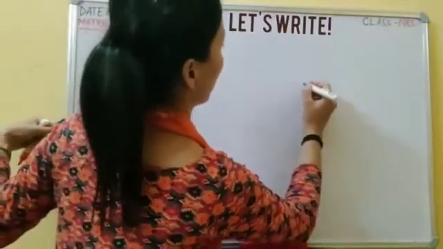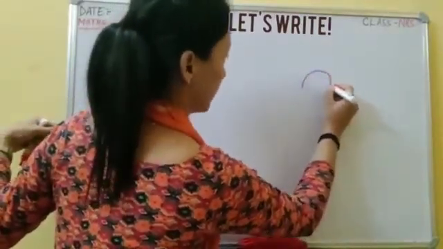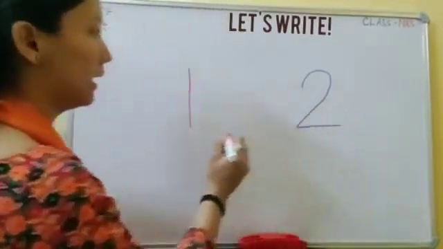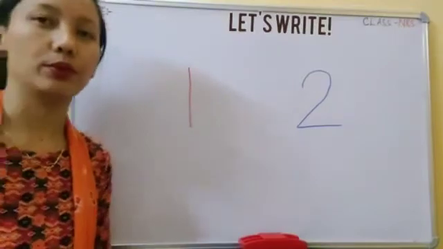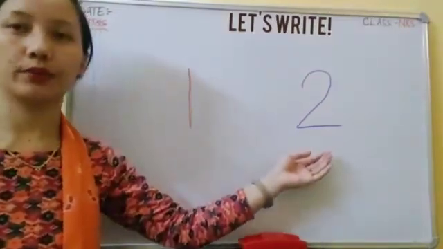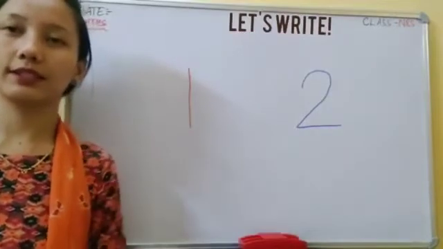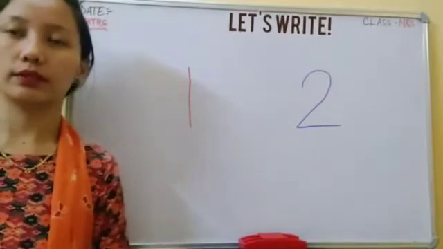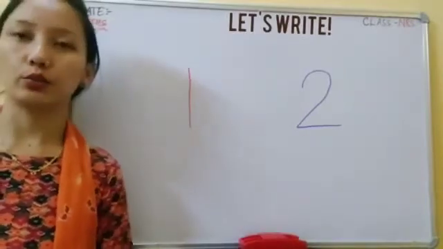Yes. Make a curve, go down and make a sleeping line. 2. This is 1 and this is 2. Got it, students? Okay. And you have to practice these two numbers, 1 and 2.